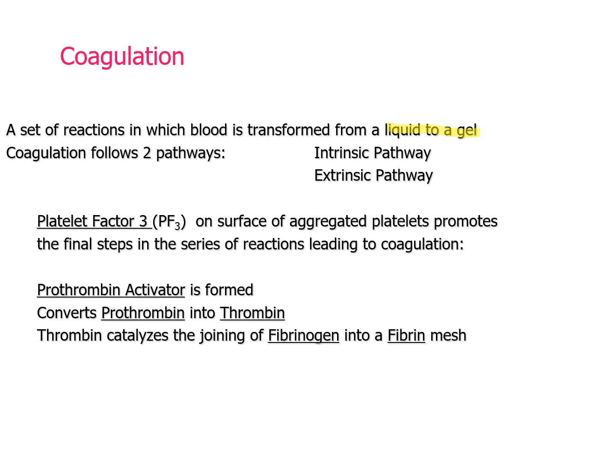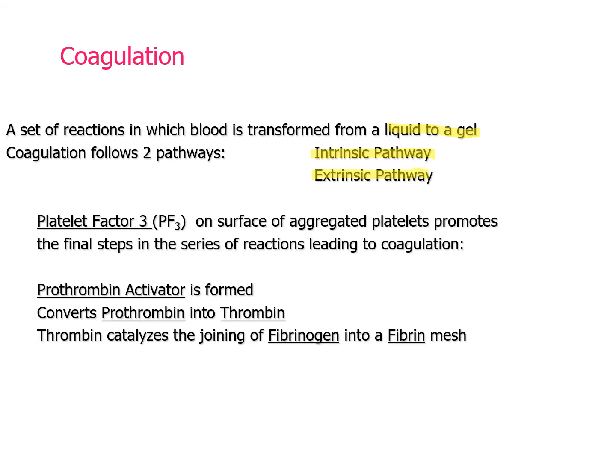There are two major pathways for coagulation to occur. They each have a different activating signal, and initially are separate pathways, but they then converge further down. They are the intrinsic pathway and the extrinsic pathway.